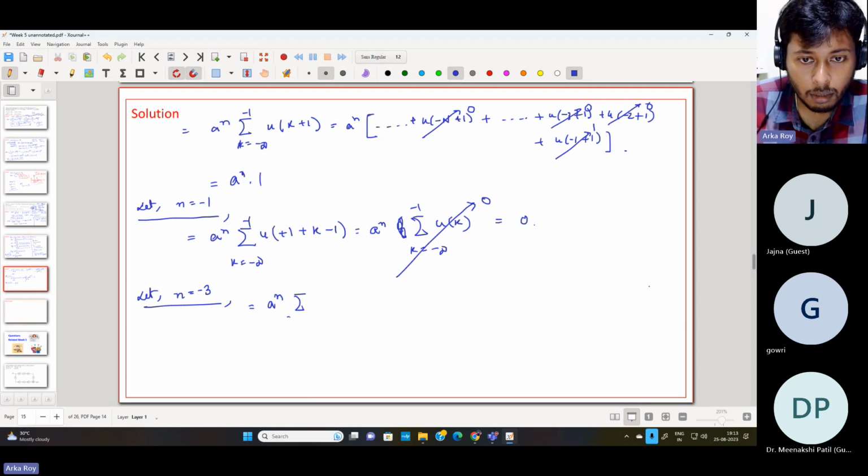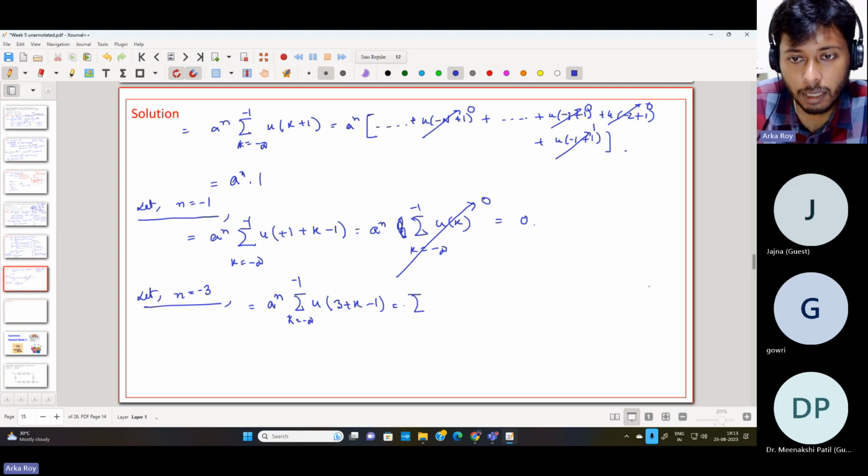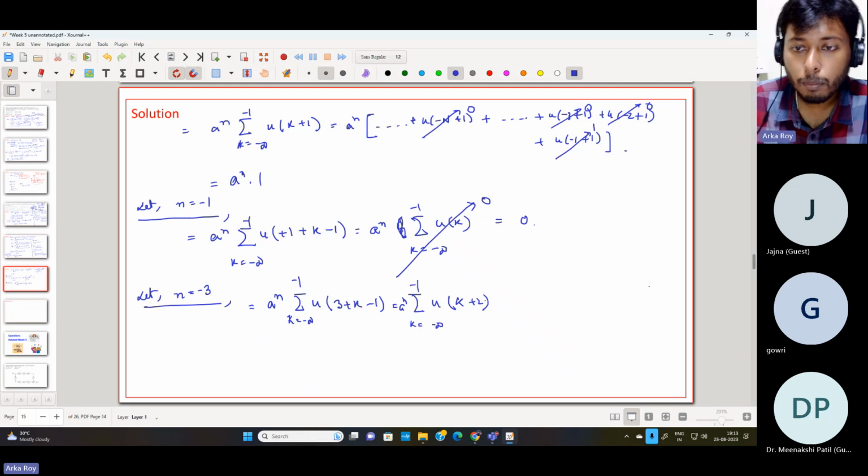So I can write it as k equal to minus infinity to minus 1, and then u of 3 plus k, and then there is, again, I can show you that k minus 1. So here a to the power n and u of, let's say, k plus 2. So that means here also you will get 0 beyond minus 3, and for k equal to minus 2 and k equal to minus 1, you will get the summation value.